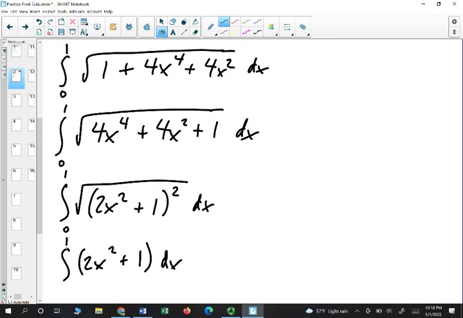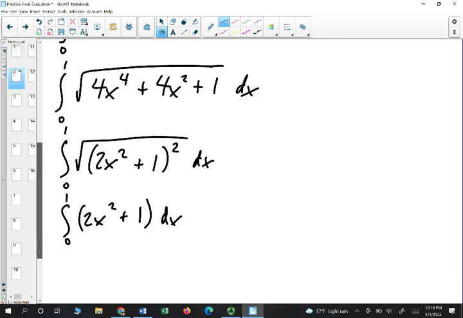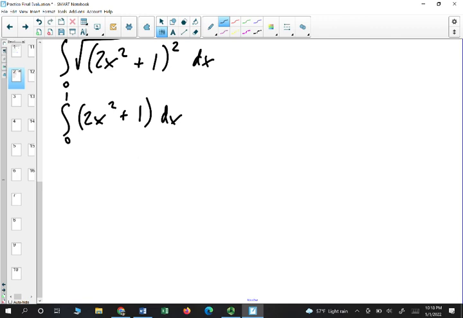And now we could just integrate term by term. Okay, so we would have 2/3 x cubed plus x. Plug in 1. If we plug in 0, we get zeros.